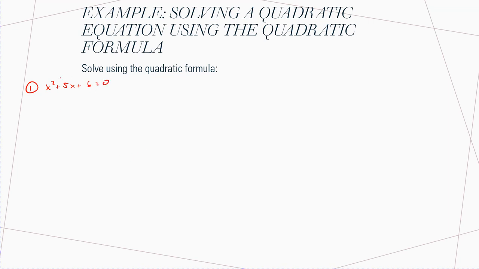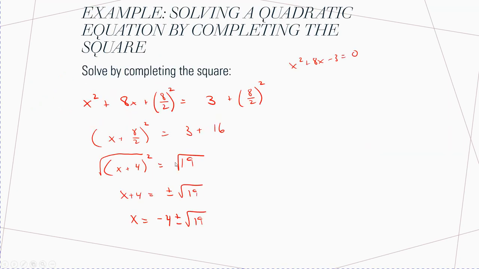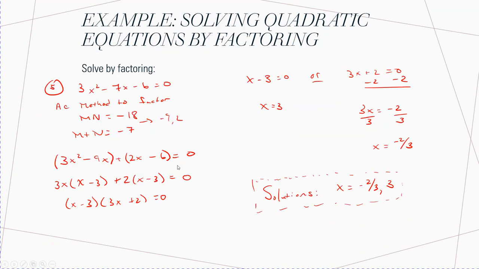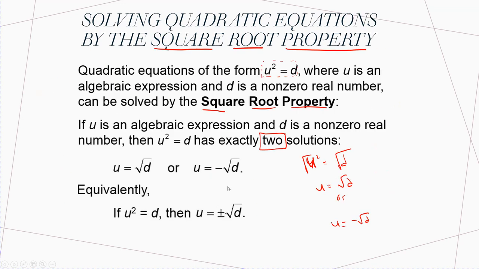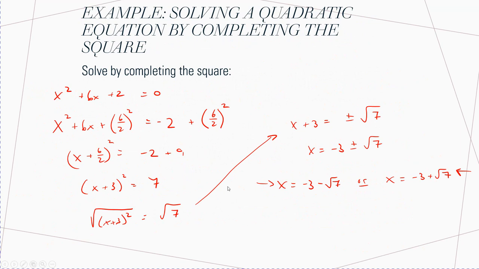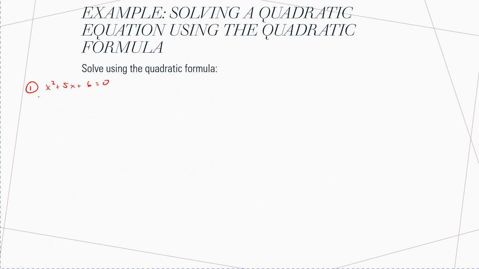We've actually worked this exact problem in a previous lecture. We solved it by factoring, and we saw that the answers are -3 and -2. So let's see if we get the same answers using the quadratic formula.